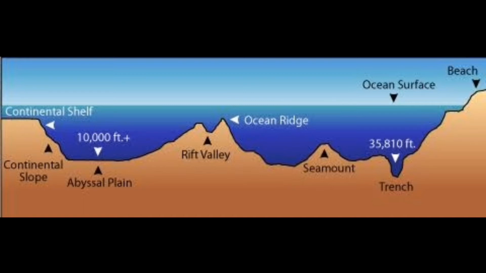The relief of ocean floor is decided upon by the depth from the sea floor and the shape of the land there. The average depth of the oceans is around 3700 meters. Okay, now average depth of oceans we consider as 3700 meters.